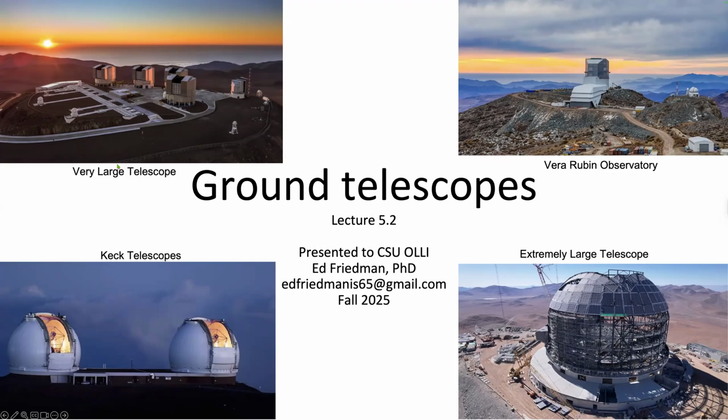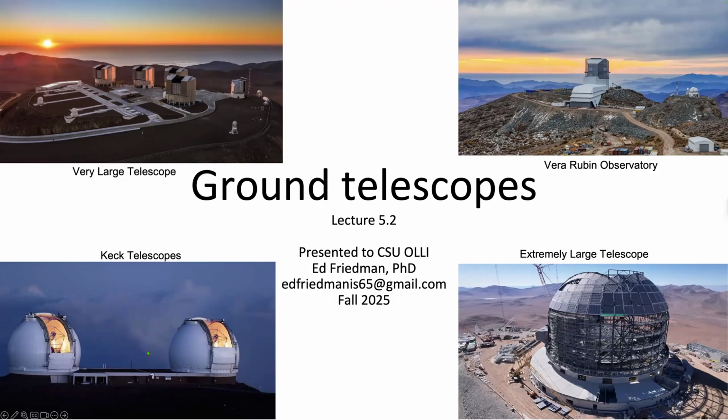So this is a European funded effort in Chile. I had the opportunity to work on this project. In the northern hemisphere, the big island of Hawaii is the best place to look at the sky.